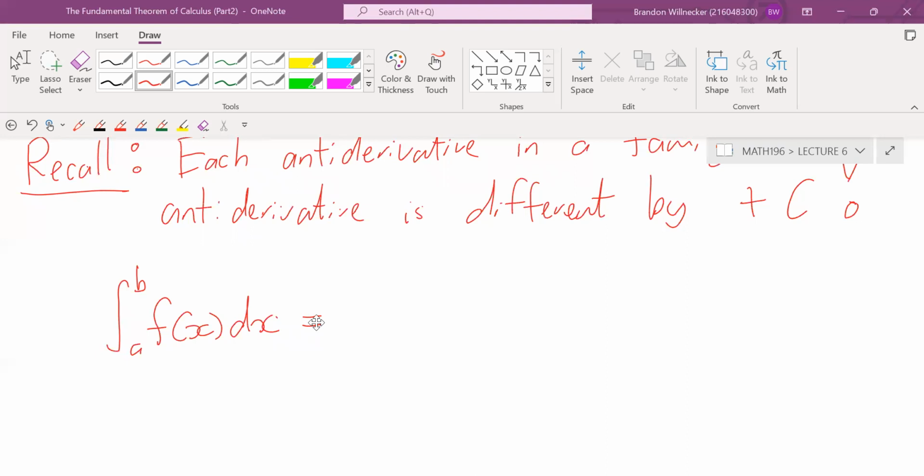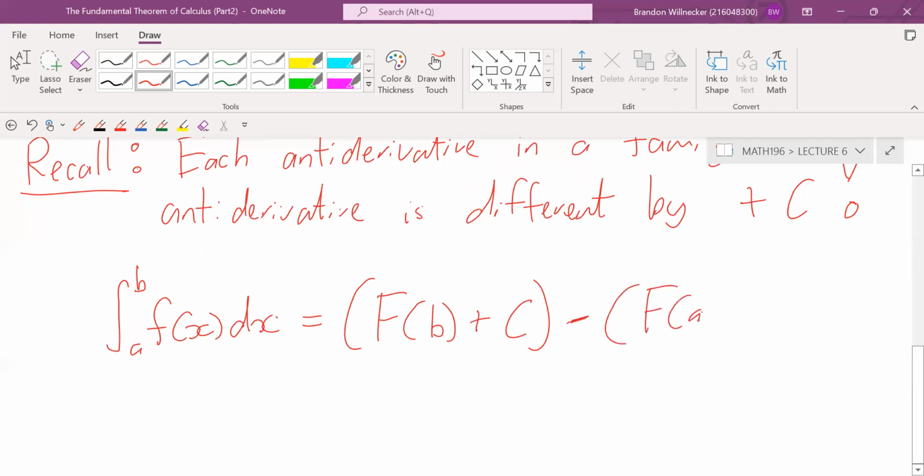So we have the antiderivative evaluated at the upper bound, but now I'm going to choose a different one, which means it differs by some constant plus c. Okay, that means I've chosen something different. Minus the antiderivative evaluated at the lower bound. Again, it differs by plus c.